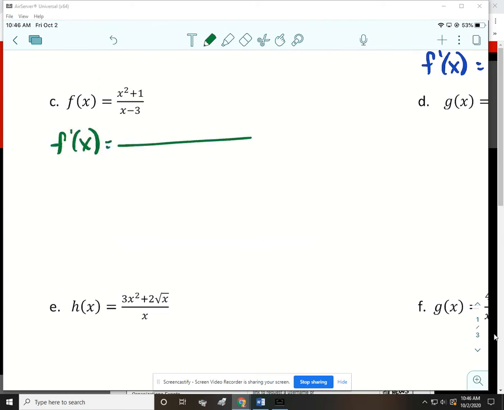So the quotient rule, we do a long fraction. So we're going to do low, which is x minus 3, and multiply that by d high. So that's going to be the derivative of the numerator, so that's going to be 2x. And then the derivative of 1 is just 0. So the derivative of the numerator is just 2x. All right, minus, and then high, d low. The derivative of the denominator is just 1 over low squared.